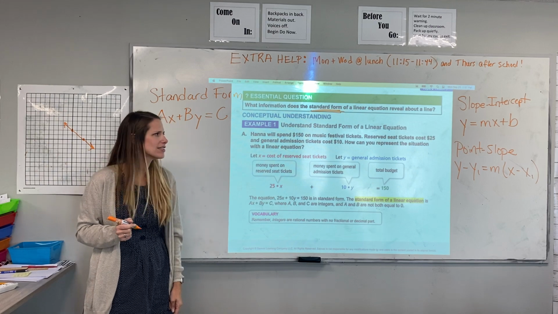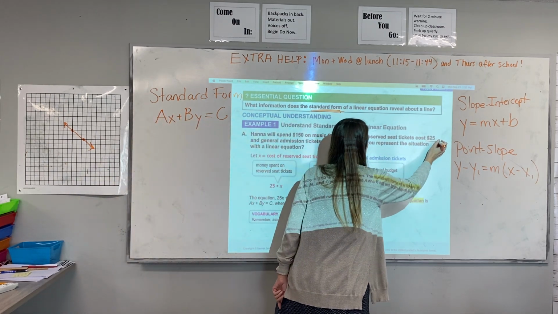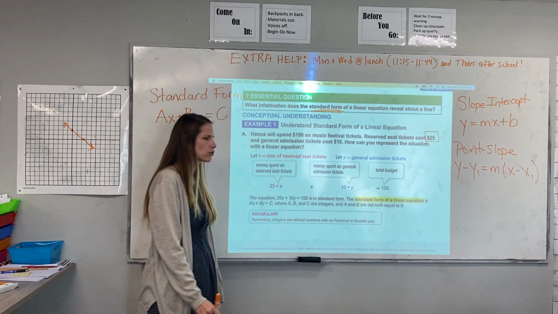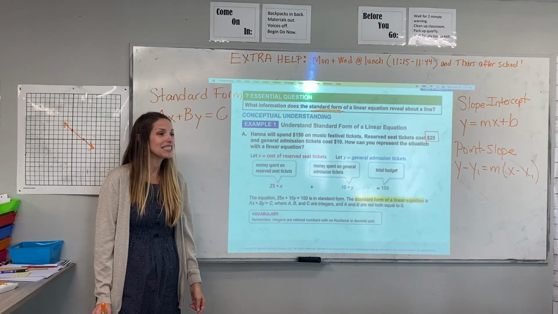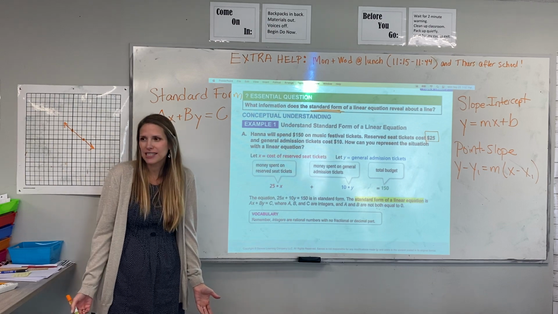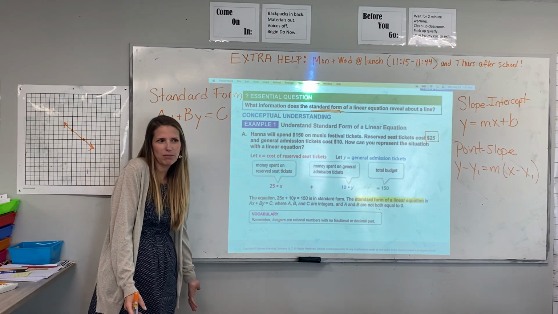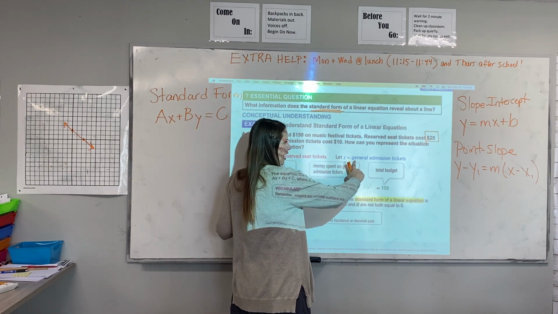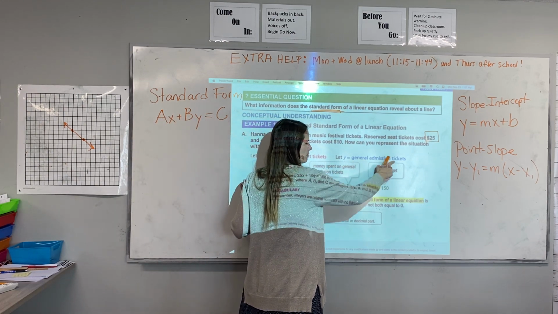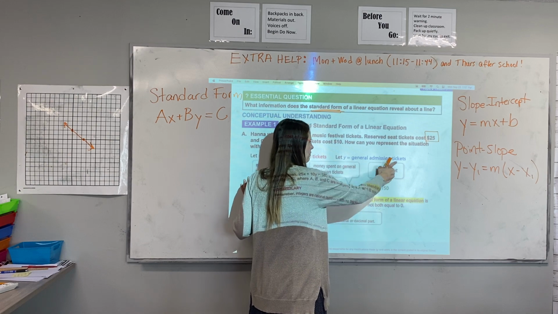I thought the cost is given to us as $25. What does X actually represent? The number of seats that she might want to purchase, right? Just like this is correct, Y is how many tickets of general admission. That will be the number of general admission tickets.